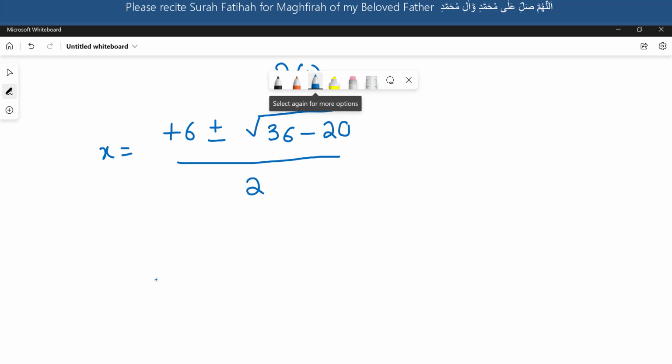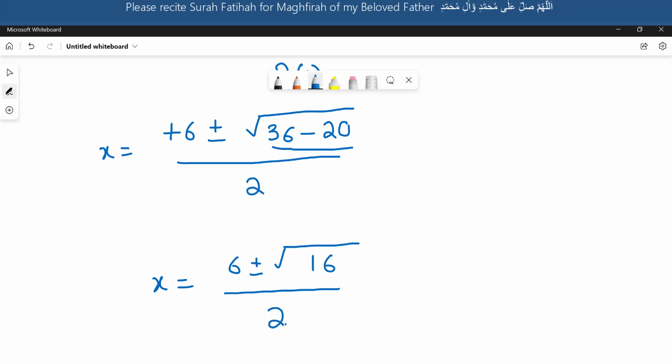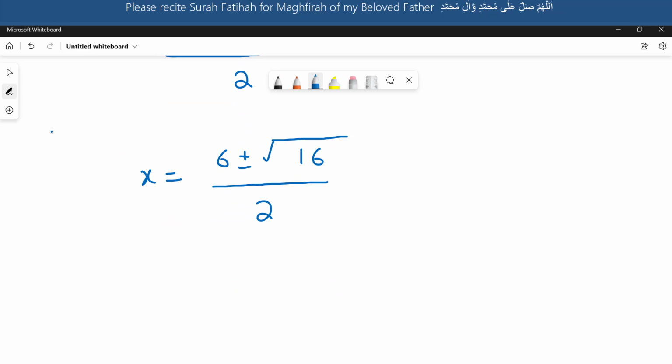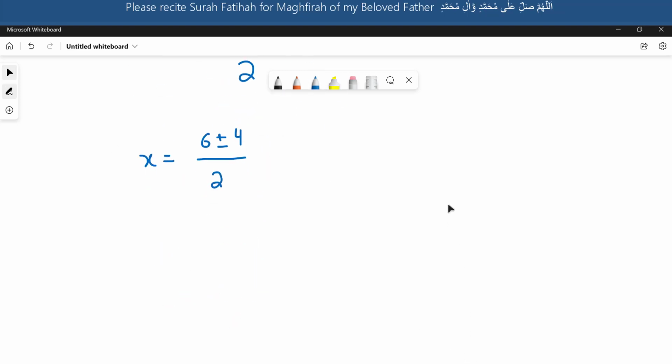After that we solve: x equals 6 plus or minus the radical of 36 minus 20, which is 16, upon 2. Now the radical of 16 is 4, therefore 6 plus or minus 4 divided by 2.